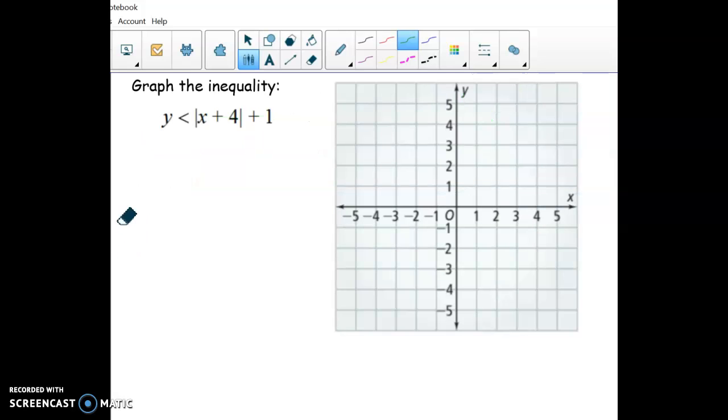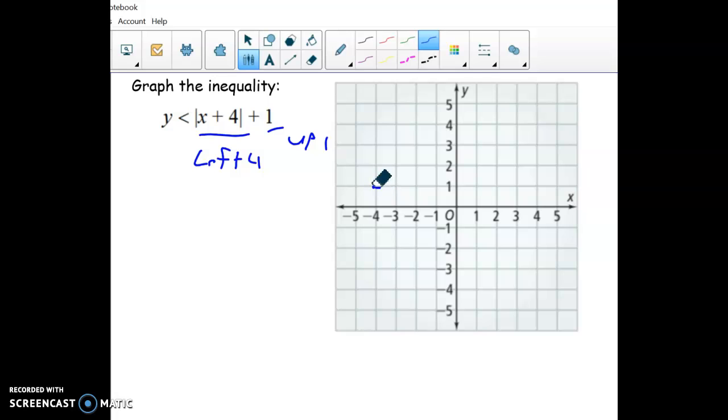Okay, next one, give it a shot. This one again is a V because of the absolute value, and then it's got an inequality. So this would make us go left 4 and up 1. So I'm going to go left 4, up 1. It's got the regular 1-to-1 slope.